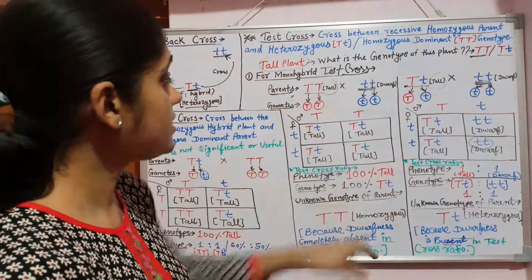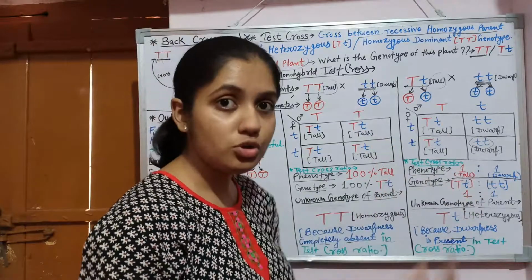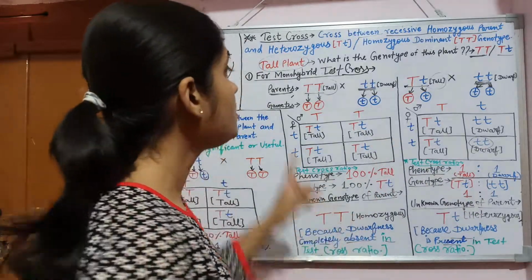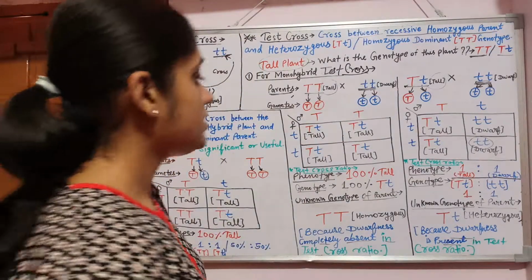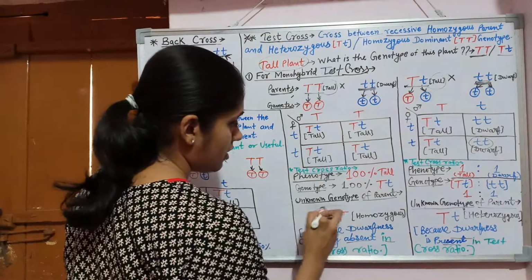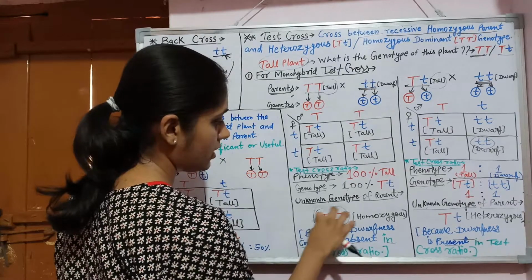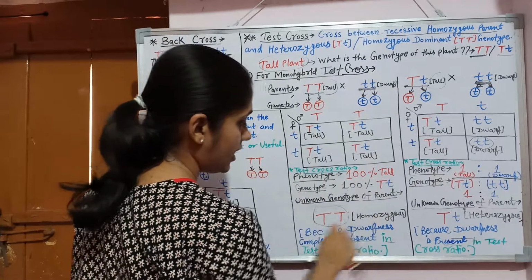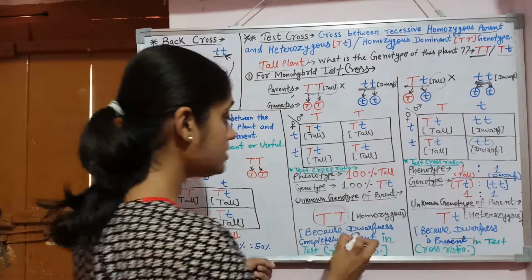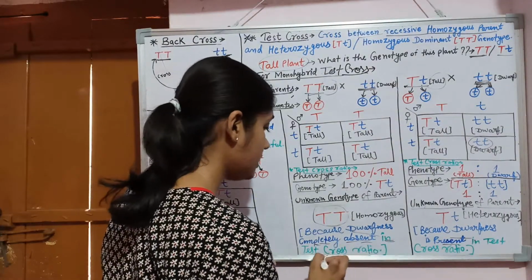So by this test cross ratio you can know the unknown genotype of the parent. Here you can see the unknown genotype of the parent is homozygous dominant. Why? Because dwarfness is completely absent in the test cross ratio.